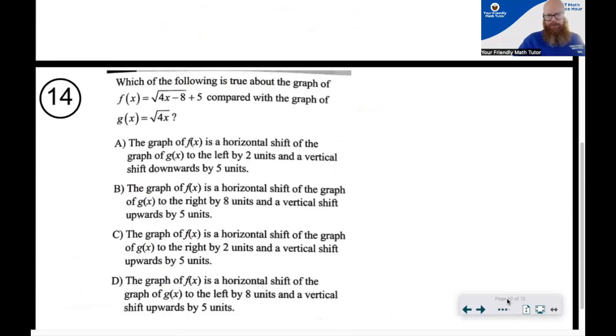Most of the answers are saying that f of x is a horizontal shift of the graph of g of x to the right and up. So we're really starting at g of x and going to f of x when we look at this. So that's really important, that we look at which one we're looking at in relation to the other. So this is talking about f of x being a shift of g of x. So I'm actually going to put g of x in first.